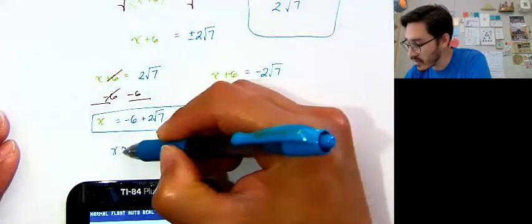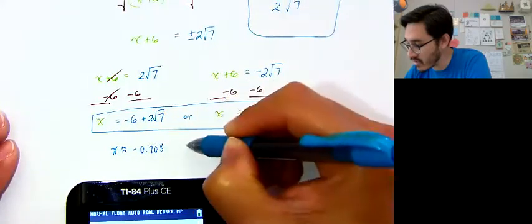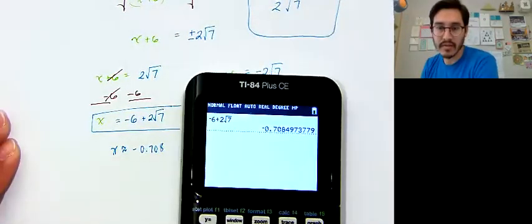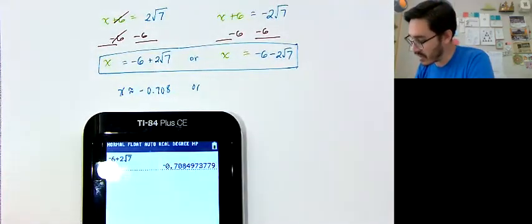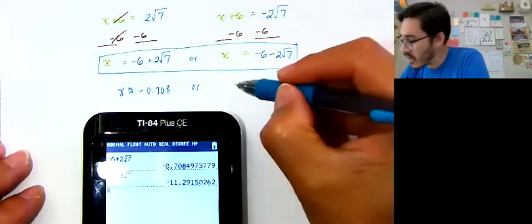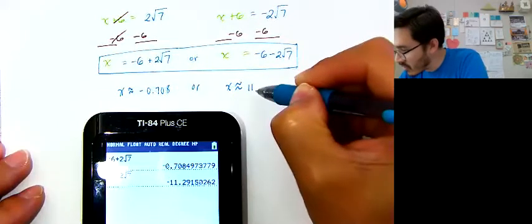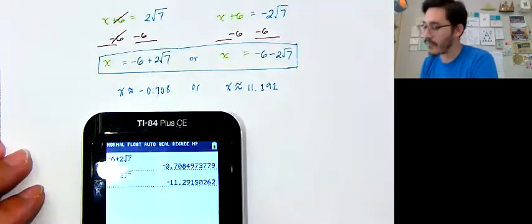So x is approximately negative 0.708. And then, oh, sorry, you can't even see my calculator screen. There it goes. And then let's estimate this one, negative 6 minus 2 root 7. So that's approximately negative 11.292.